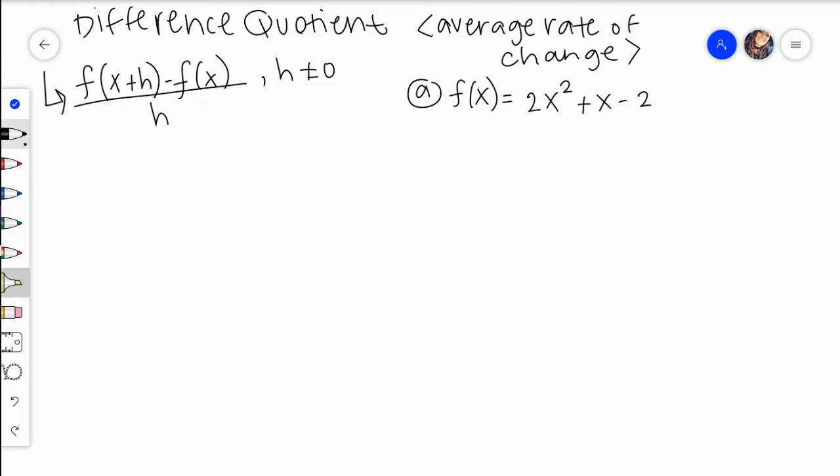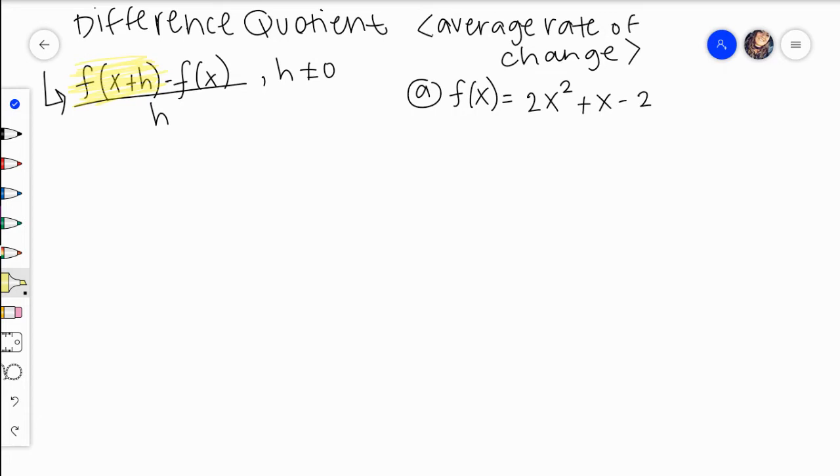So the first thing I notice is that in the problem, I need to have my function and I need to plug in an h wherever I see an x, a positive h to be specific. Or you just replace x with x plus h. And then the second part of the numerator is to just subtract the original function. So just make sure you put that in parentheses so your negative sign can be distributed to everything.